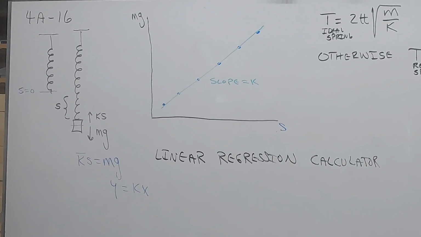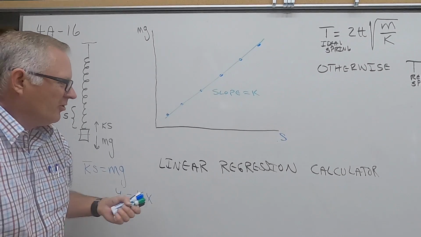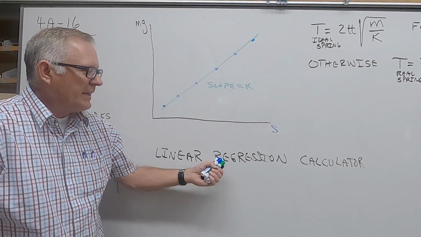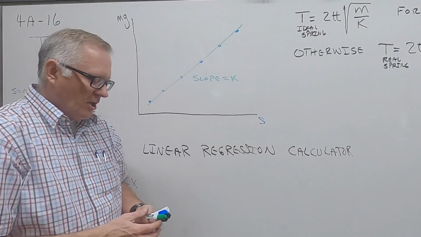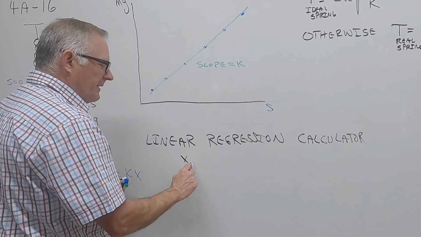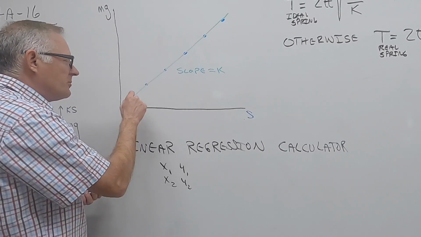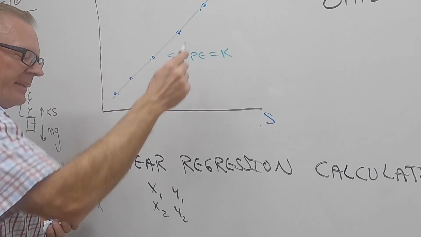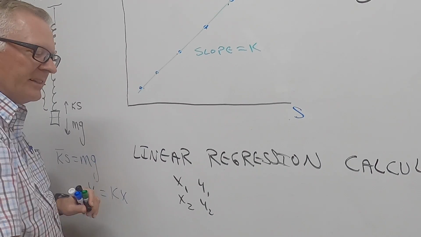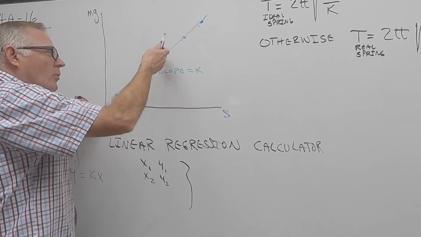if you go onto the web and look up a linear regression calculator. What that'll allow you to do is put in a bunch of xy points, x1, y1, x2, y2. You're just putting in all these points, and then say calculate, and it'll give you the best equation of that line.